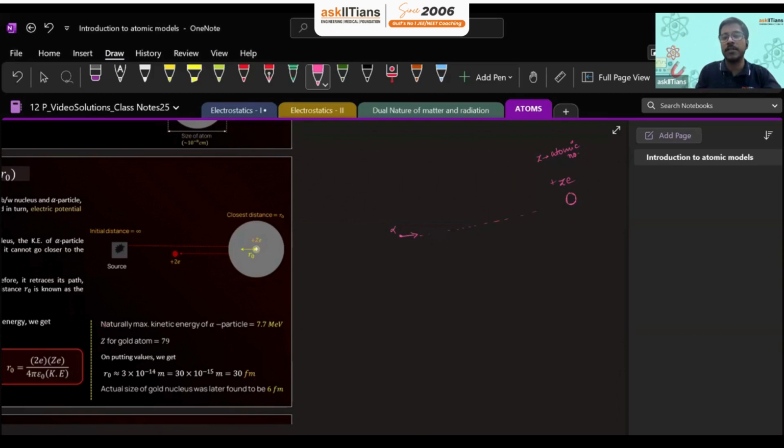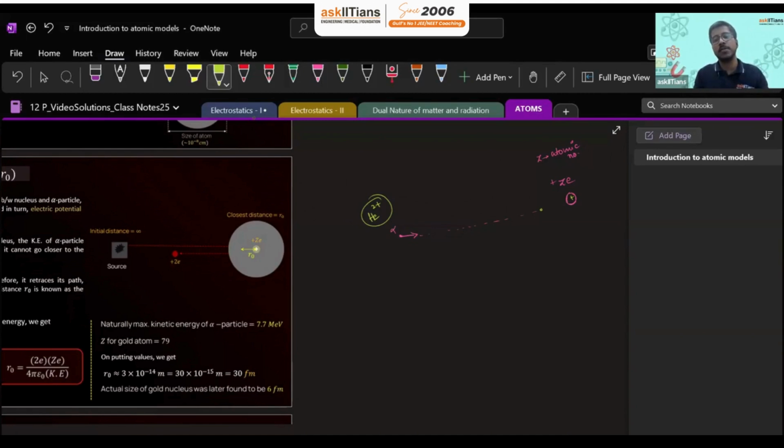Once it reaches closer to the nucleus, as I have already told you, this alpha particle is He2 plus, so it's a positive charge. So once it approaches the nucleus, comes closer to it, let's say at this point, its kinetic energy becomes zero. Why does its kinetic energy become zero?